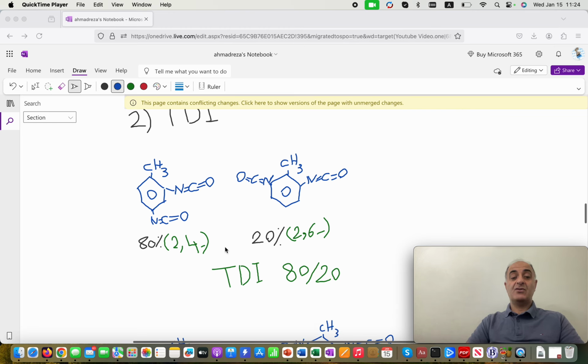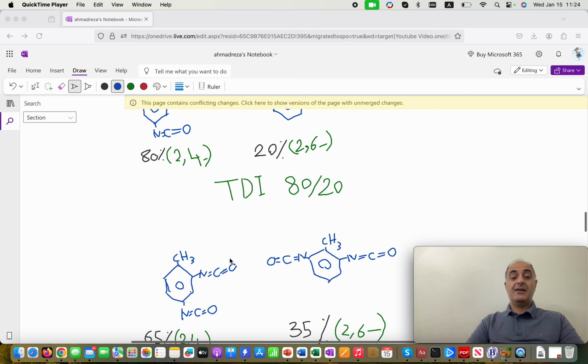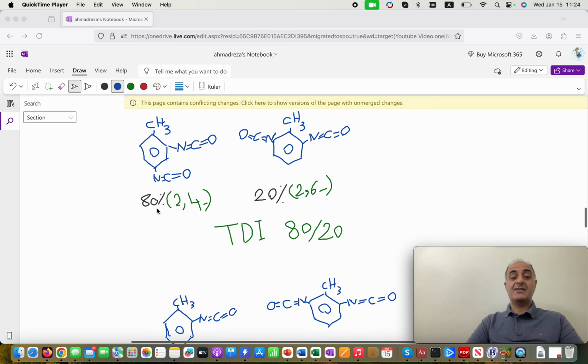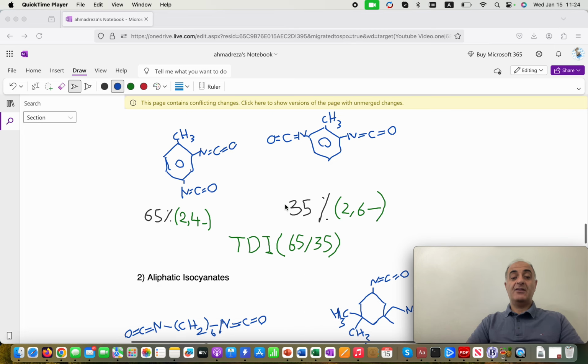TDI has two grades in the market. TDI 80-20, which has 80% 2,4 isomer and 20% 2,6 isomer, and TDI 65-35, which has 65% 2,4 isomer and 35% 2,6 isomer.